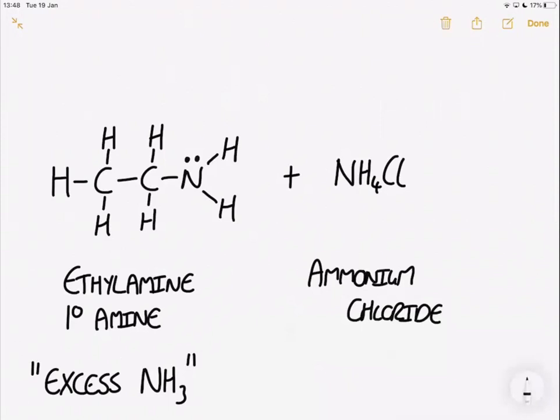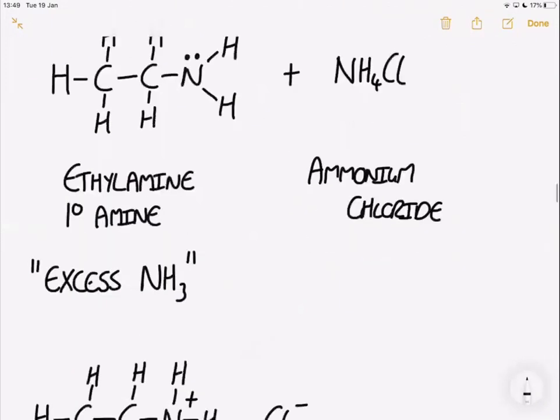Now then, so complications. There are a couple. Okay, the first one is typically the phrasing that the AQA use in order to justify this sequence of events. They say that the halogenoalkane has been reacted with an excess of ammonia. Why does that matter? Well, there are a couple of reasons.